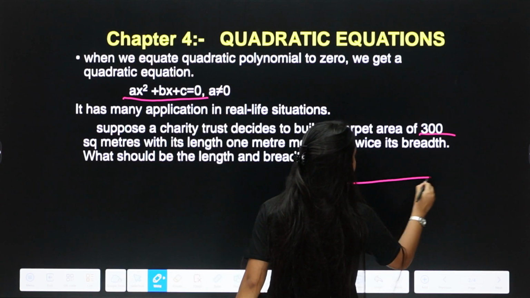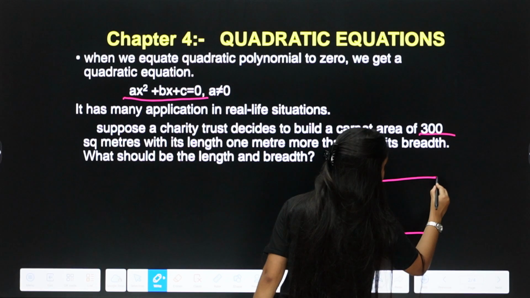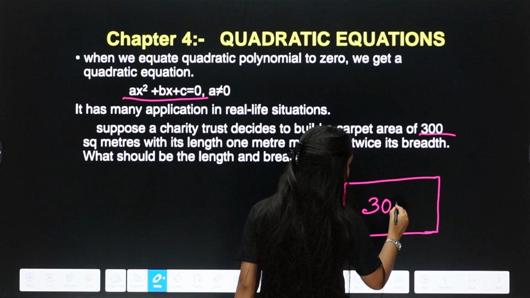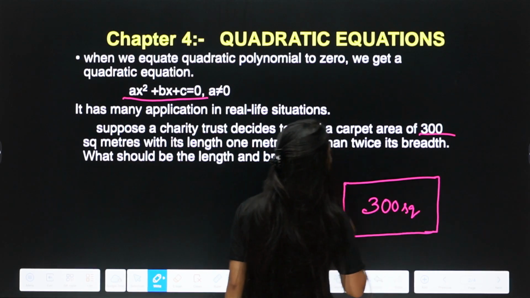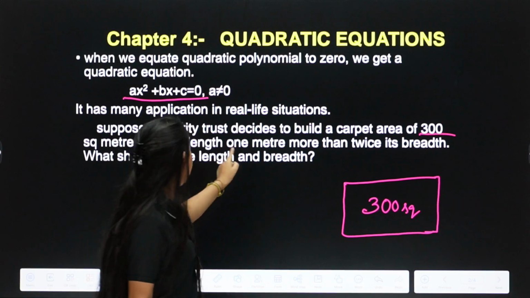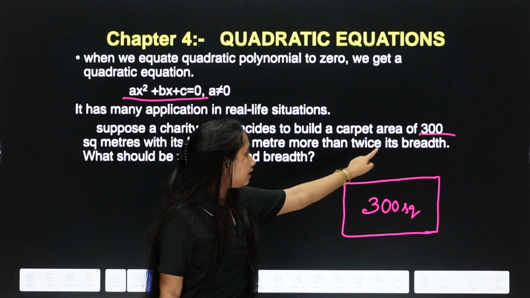It will be a rectangle since carpets are rectangles. Thus, it will be 300 square meter. They have told that its length is 1 meter more than twice its breadth.